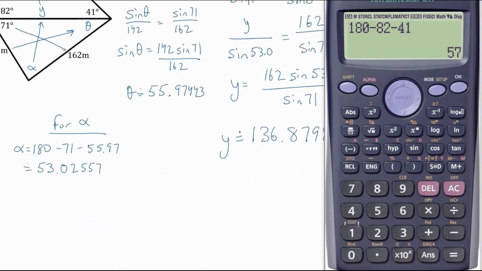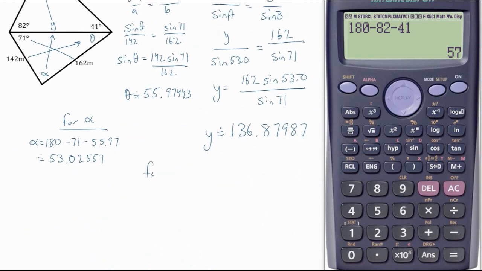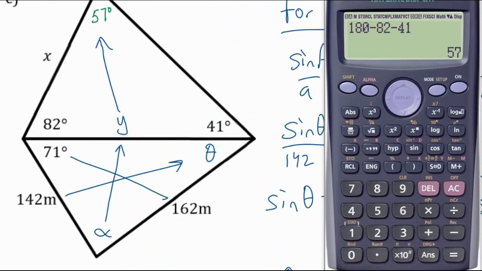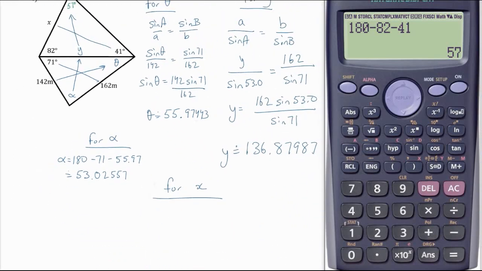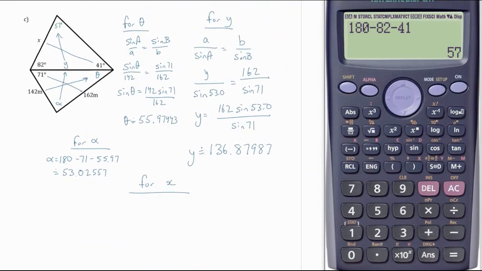And as my final step for x, I'm doing sine law again, x and 41 across from each other, and y and 57 across from each other. You can see what I mean by this one has a lot more steps than the last two examples. So this again is going to be a over sine a equals b over sine b.